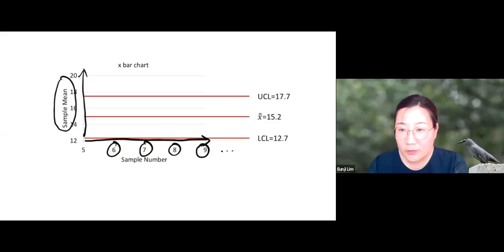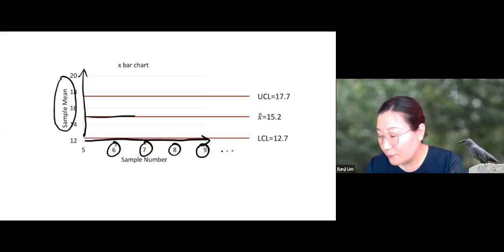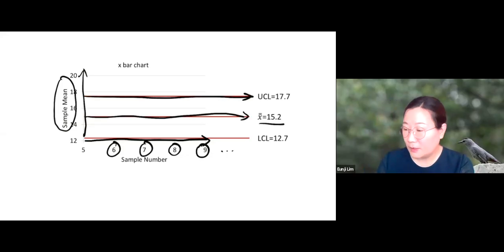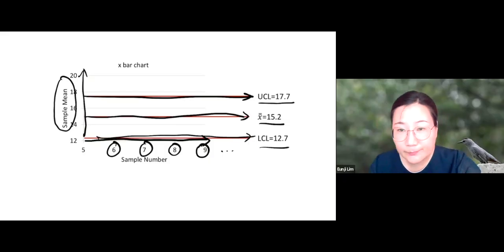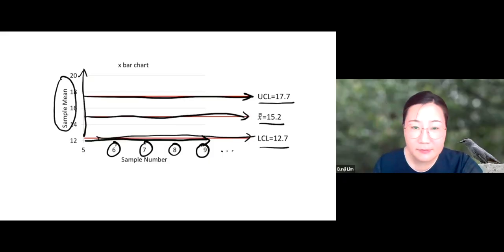And we're going to draw the horizontal lines. The one in the middle is X double bar. Above is upper control limit. And here is the lower control limit, 12.7. So this is the X bar chart.